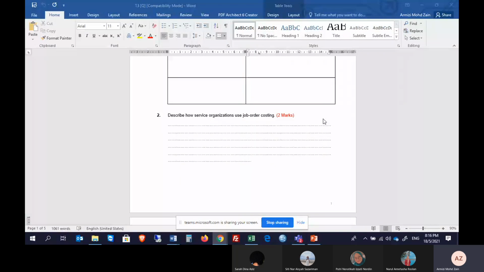How they use job order costing is, for example, like a phone repair company. They provide service for each client differently. The repair category for each phone is different, and you have to incur different costs to repair the phone.